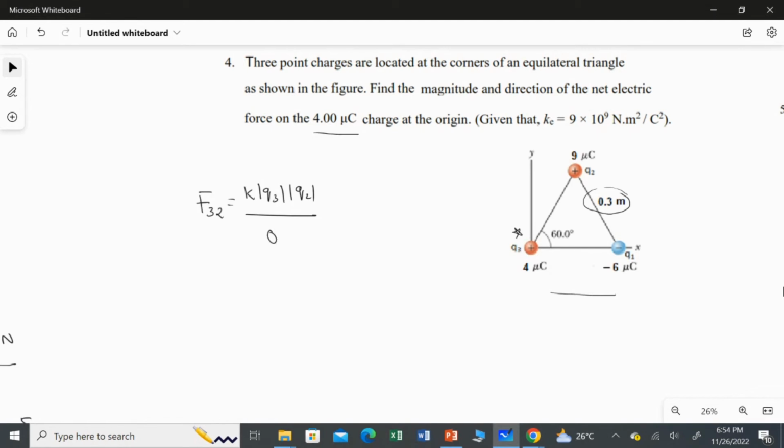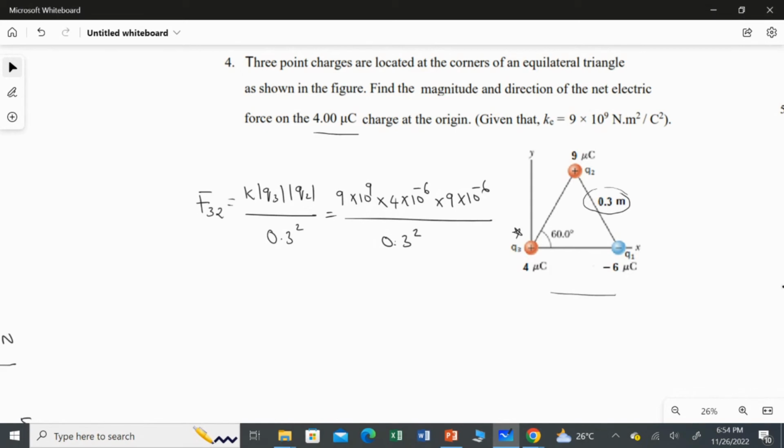So I can write the value here. So 0.3 squared. I'm going to substitute the value: 9 multiplied by 10 power 9, multiplied by the magnitude of the third charge, which is 4 microcoulomb, so 4 multiplied by 10 power minus 6, multiplied by the magnitude of the second charge, 9 microcoulomb, 9 multiplied by 10 power minus 6, over 0.3 squared.